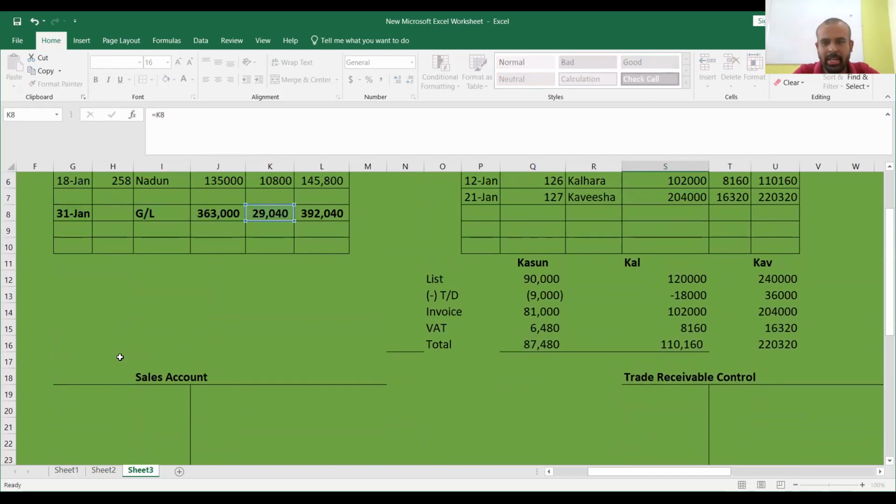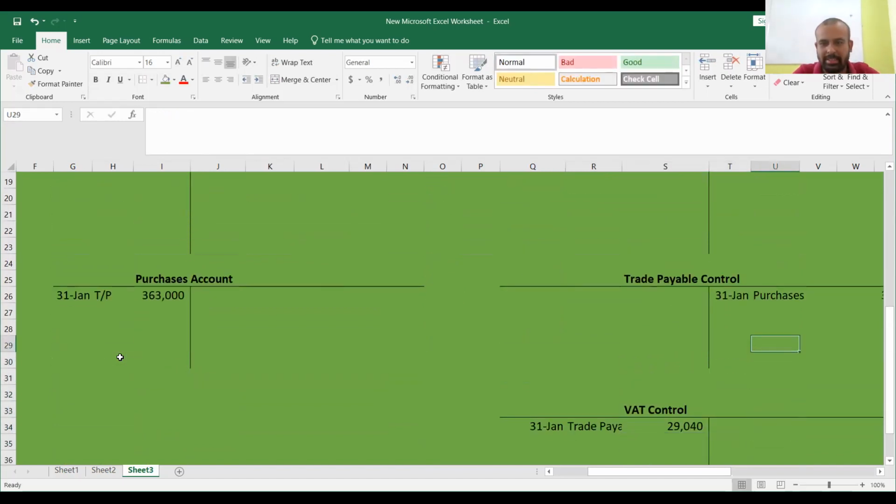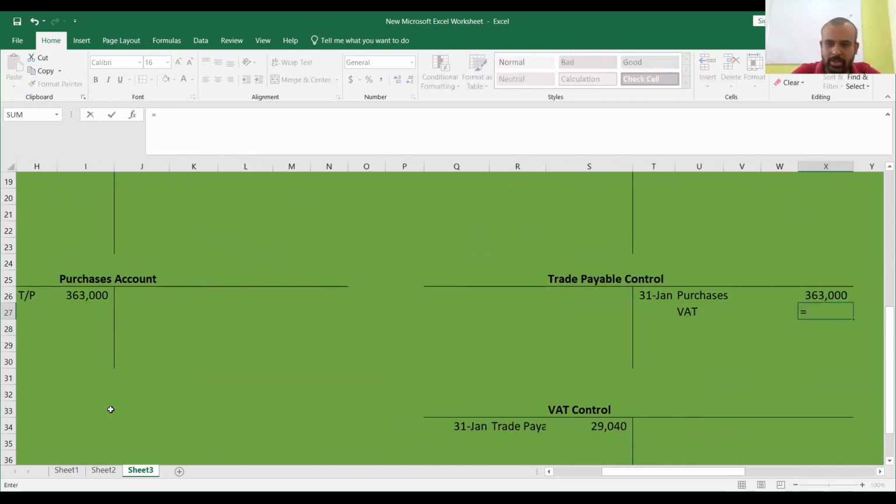Keep it in your mind. VAT on purchases is an asset. Credit the trade payable. This 29,040 must be paid to the supplier. The supplier account was credited by the same amount, right?